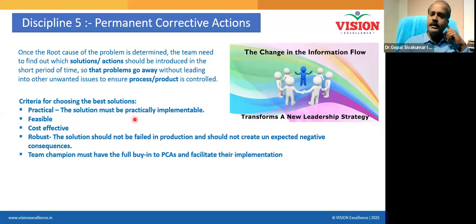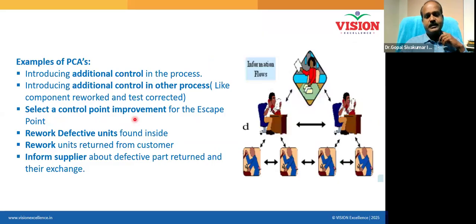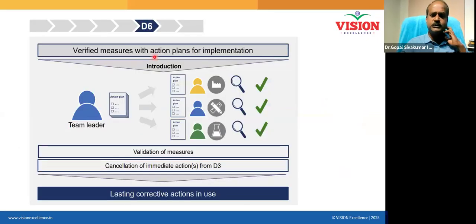Examples of corrective action: introducing additional control in other process, selecting a control point improvement, rework of the defective units. These are just examples, but you can choose the relevant one.